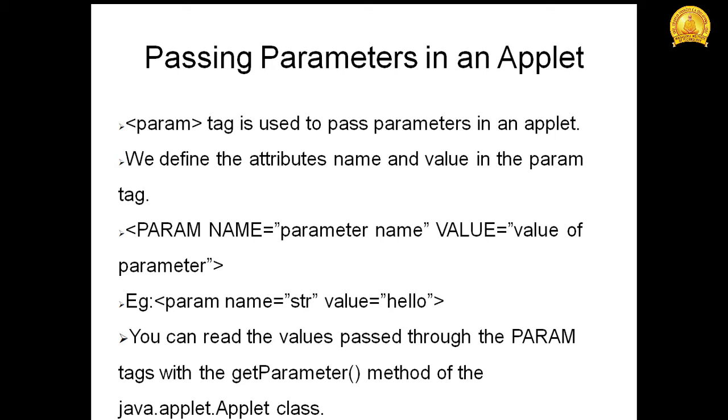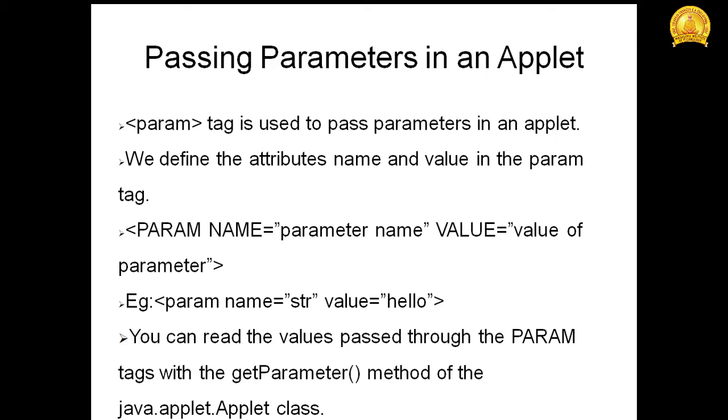This means that you're passing a parameter str whose value is hello. So whenever you try to access the parameter str, its value will be hello. So this is how you define a param tag, and using the param tag you can pass parameters in an applet. Inside the param tag you have to define two attributes, the name and the value attribute.